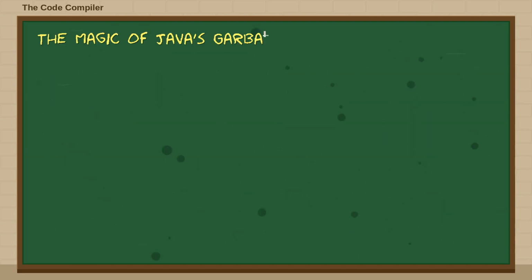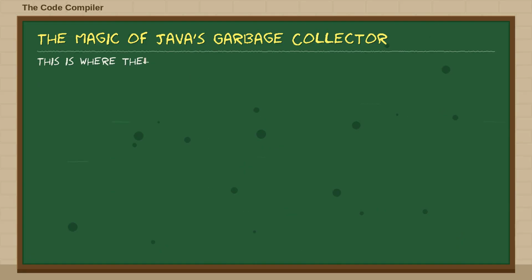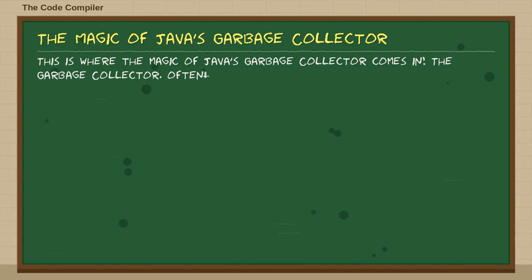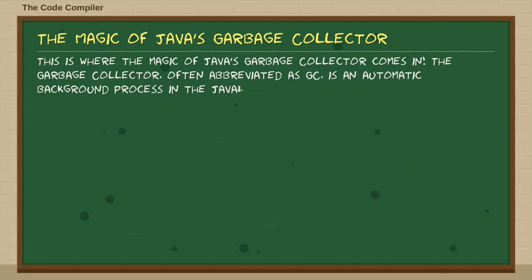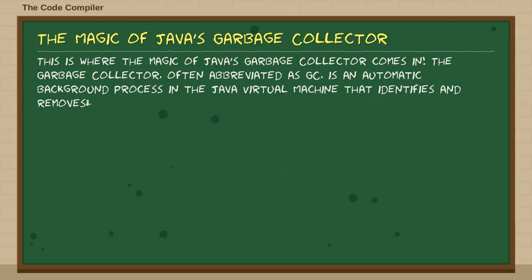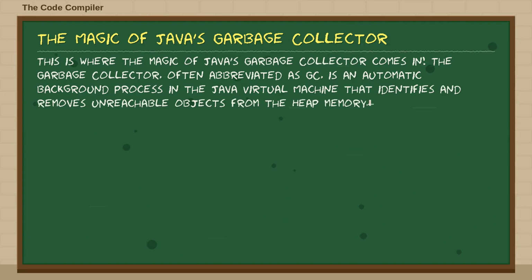This is where the magic of Java's garbage collector comes in. The garbage collector, often abbreviated as GC, is an automatic background process in the Java virtual machine that identifies and removes unreachable objects from the heap memory.